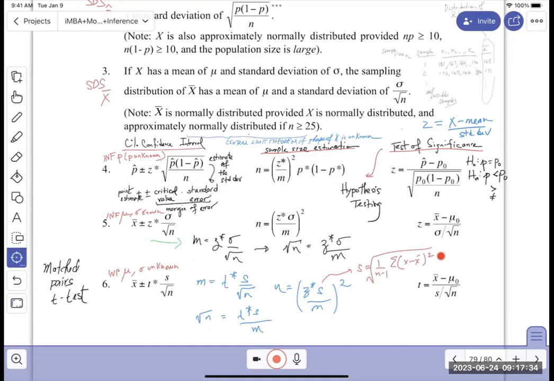The problem is you'll need to get this from your sample, but that also depends on N. That's the problem. So you have another N inside here. You have not completely isolated for N.